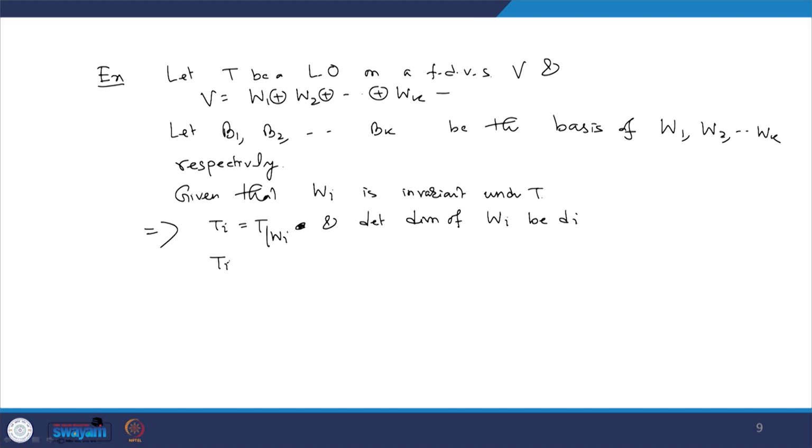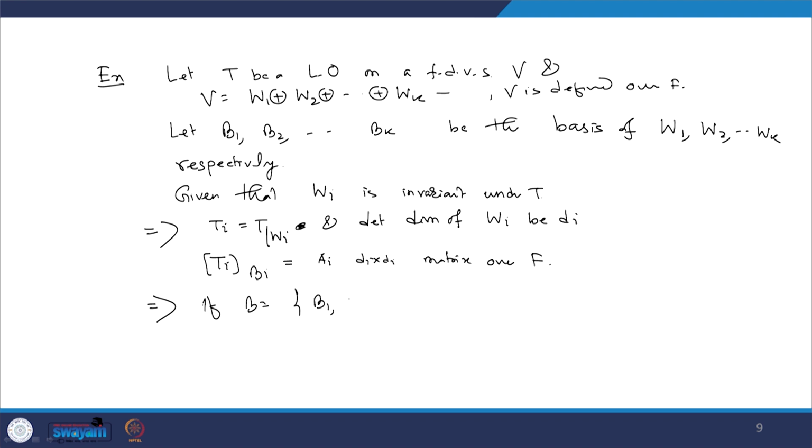Then the matrix representation of T I with respect to B I will be a square matrix, a D I cross D I matrix over the field capital F. So, if B equals B1, B2 and Bk, then the matrix representation of T with respect to B will be of this form.